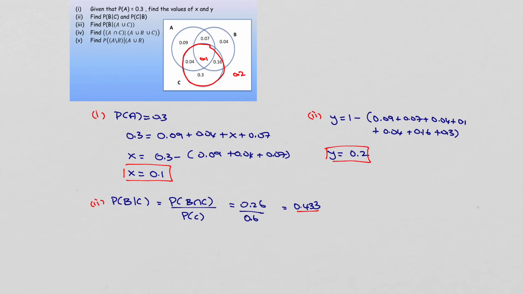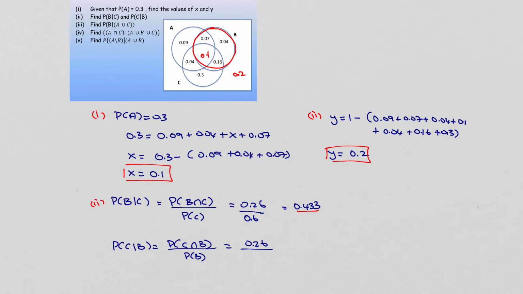So if we get C given B, that's the intersection over the probability of B, so we know 0.26 is still the same intersection. And then this time, if I get rid of that circle, we're looking for the probability of B. So B is everything inside here.